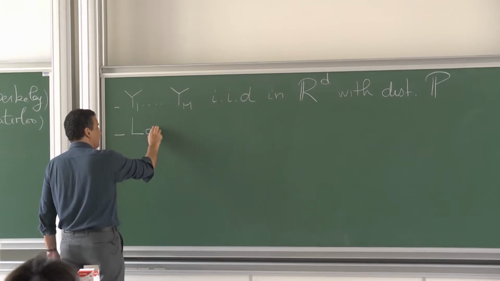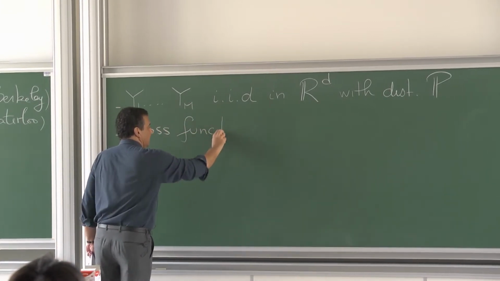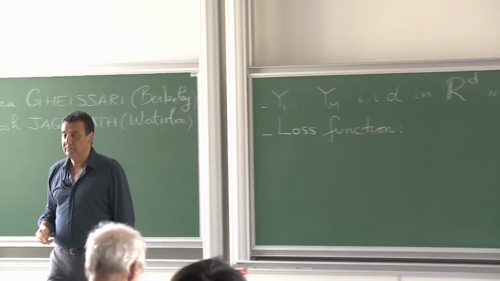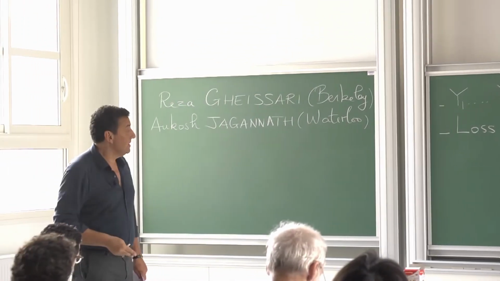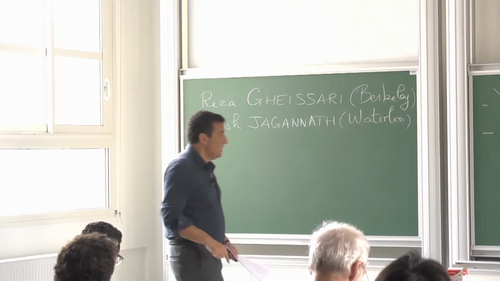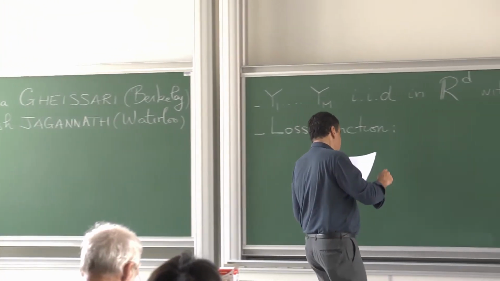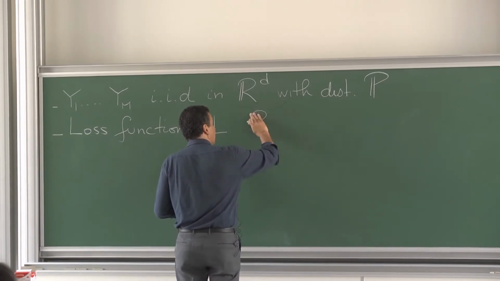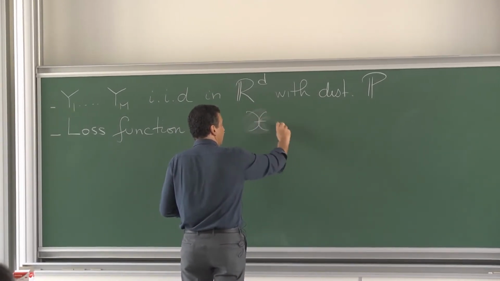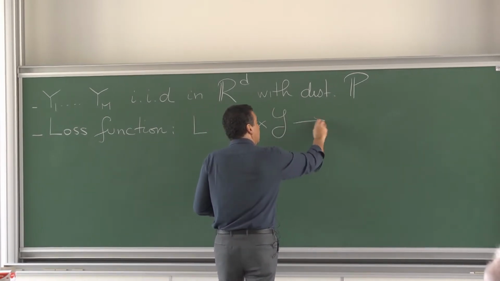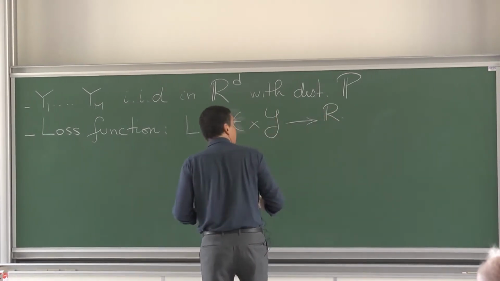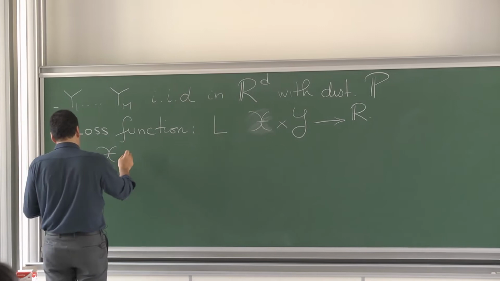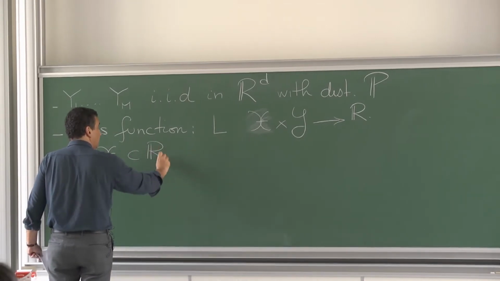Then you have a loss function. Here, this means you have already chosen your statistical method, maximum likelihood, or if you're doing machine learning, the architecture of your network, all that is done. So this fixes the loss function, and the loss function will be a function I call L, which goes from X, or let's say a subset maybe, to R, where this X is a subset of, think the whole set, that makes not much difference, of R^p.